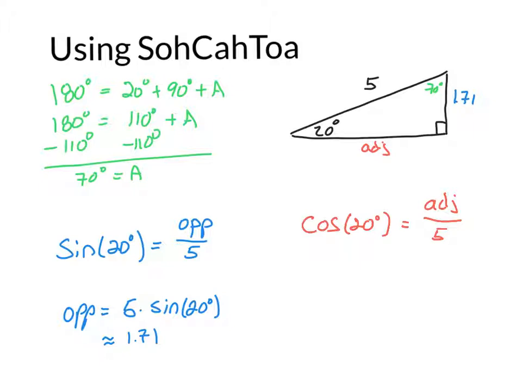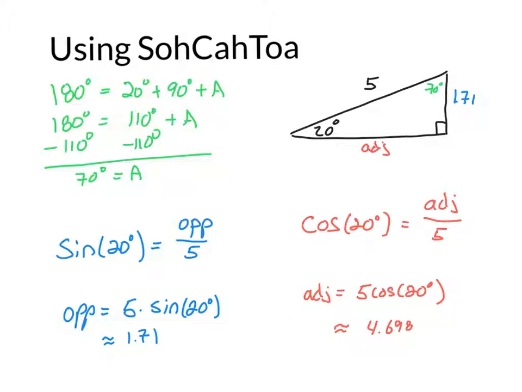Very similar to what we did for the opposite side, we get that the adjacent side is equal to 5 cosine of 20 degrees. And again, this is our exact answer. If we want to, we can plug it into a calculator, and when you do that, you get that this is about 4.698.